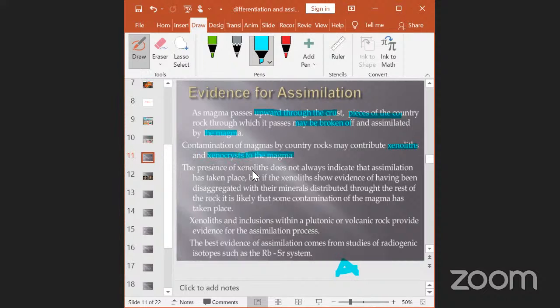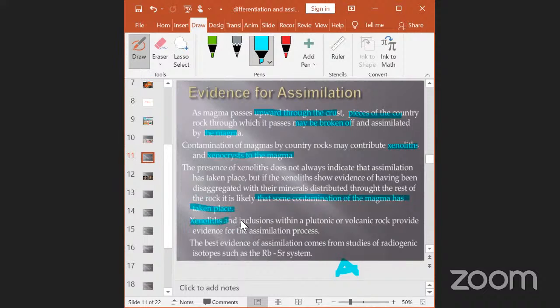The presence of xenoliths does not always indicate that assimilation has taken place. But if the xenolith shows evidence of having been disaggregated, with the minerals distributed through the rest of the rock, then it is likely that some contamination of the magma has taken place, right?